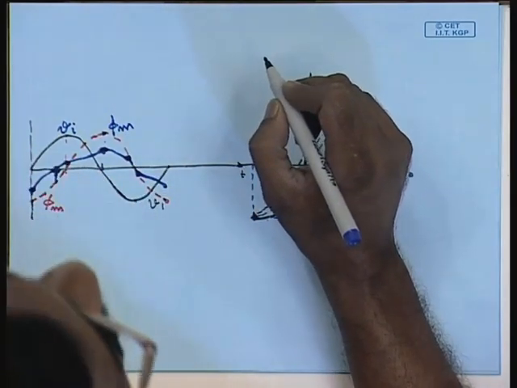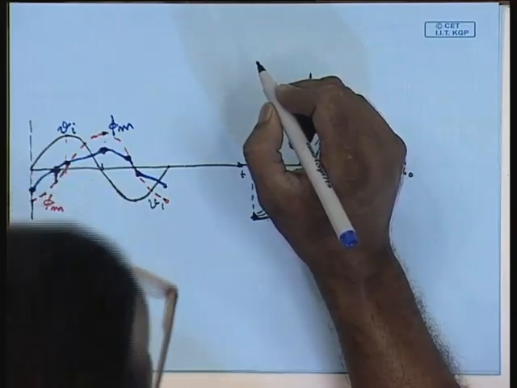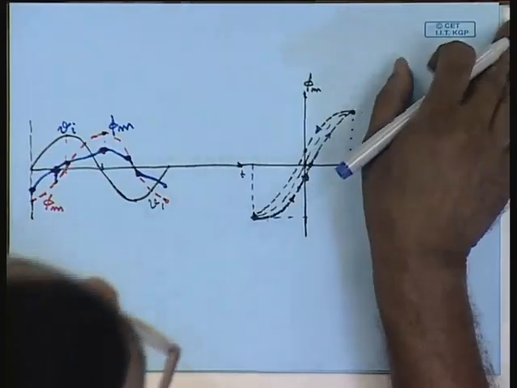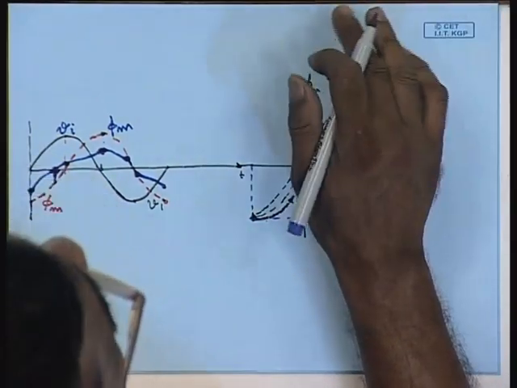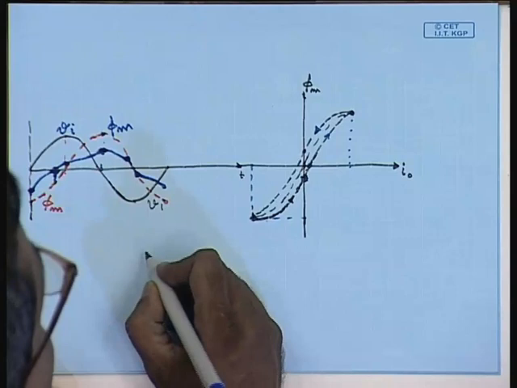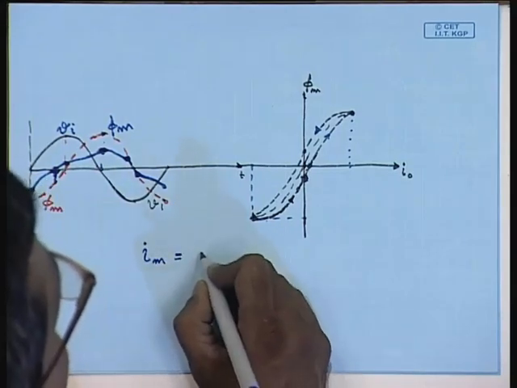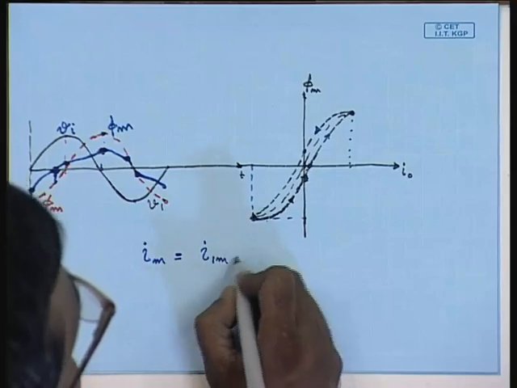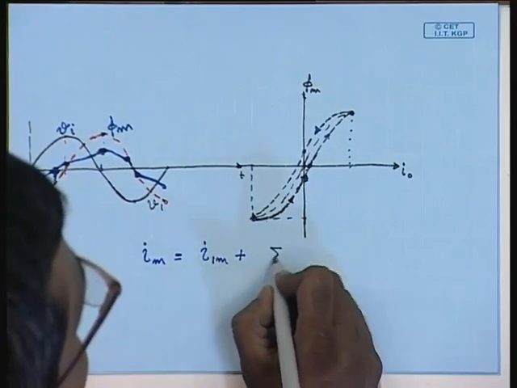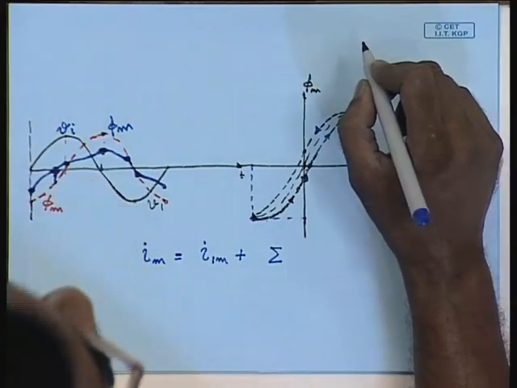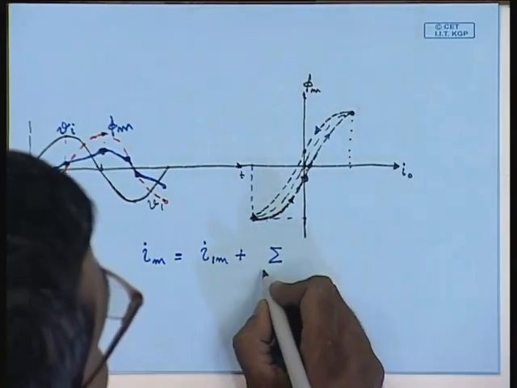Of course, it can be divided into Fourier components. The current drawn i m will have a fundamental component i1m plus harmonic components, and because of its odd nature it will have only odd harmonics.